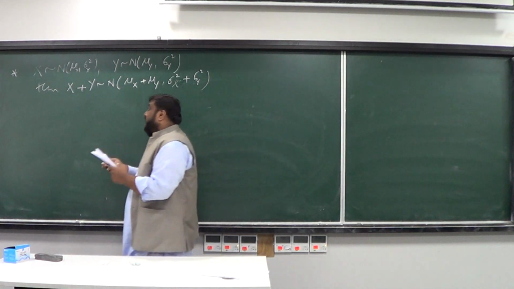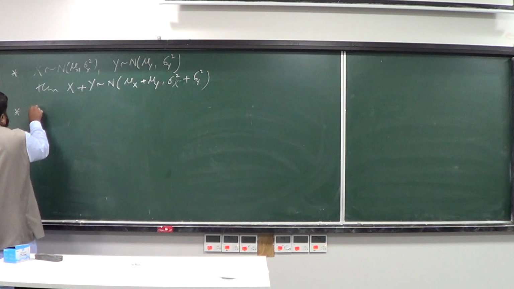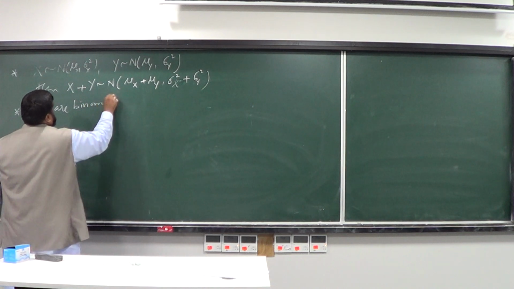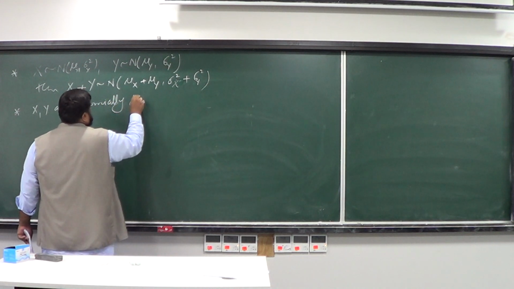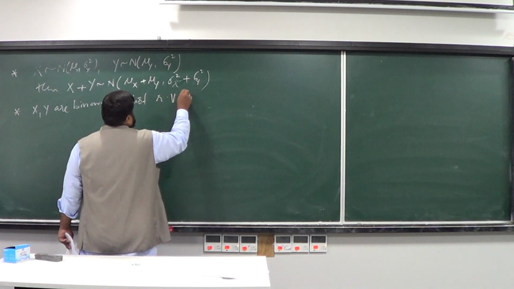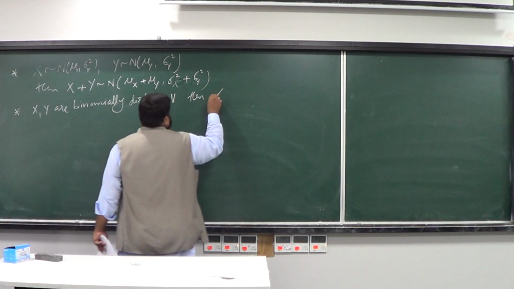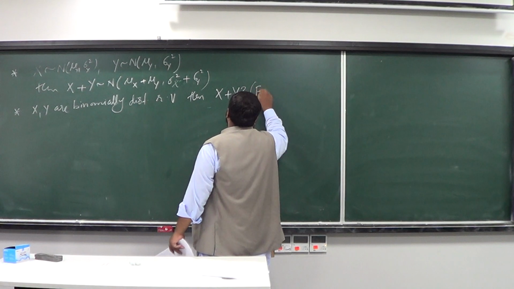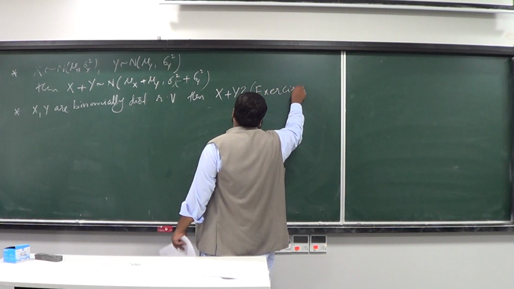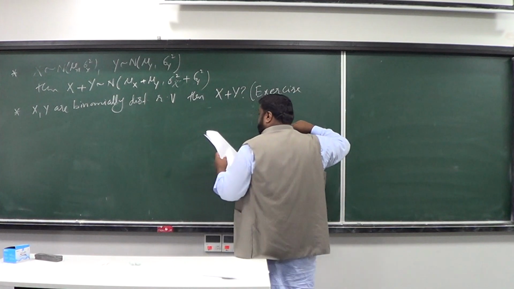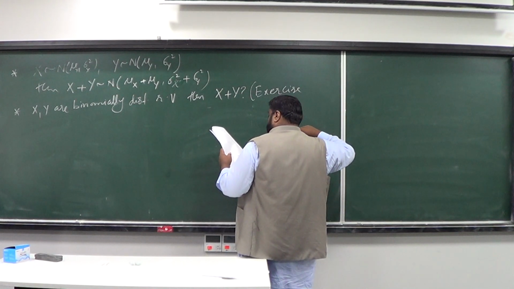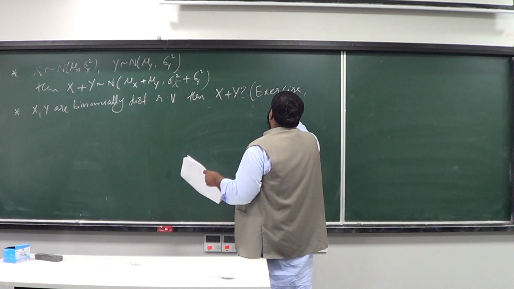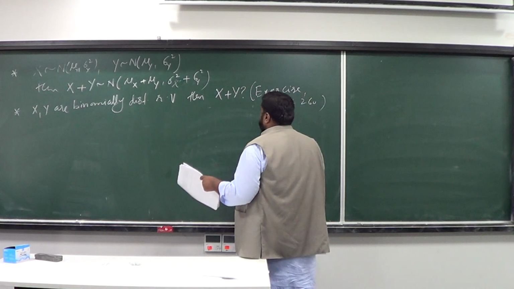So for example, if X and Y are binomially distributed random variables, then what would be the distribution of X plus Y? Please keep this as an exercise. Read it for yourself. If you want to read it explicitly, it's on page 260 of Ross.